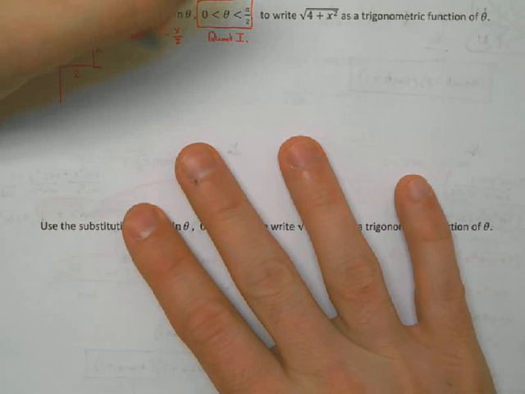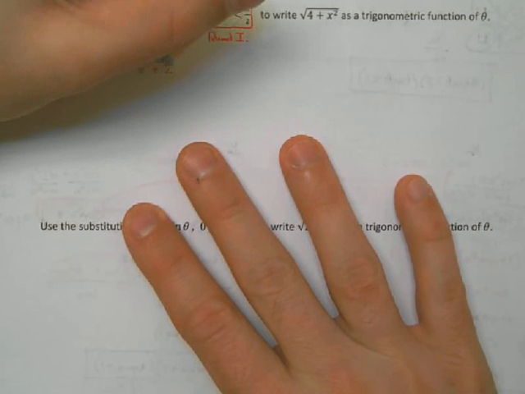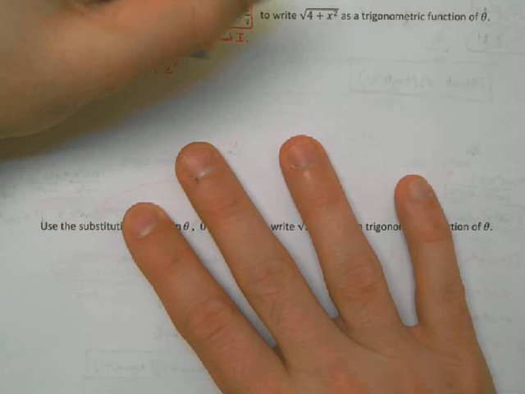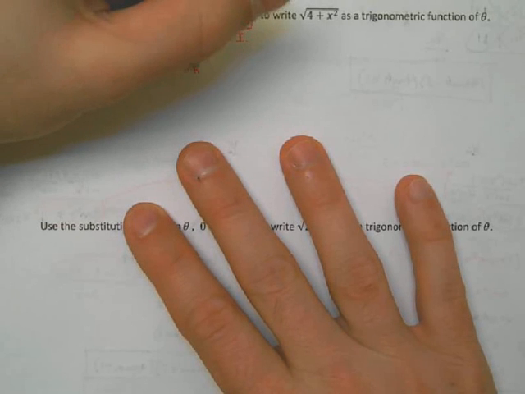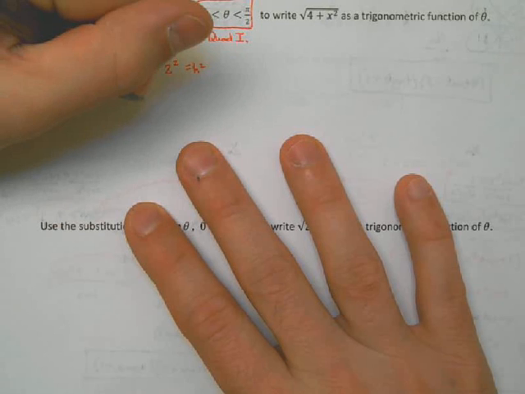I'm going to divide both sides here by cosine theta. Those go away, and I'm left with this. The square root of 4 plus x squared must be equal to 2 over the cosine of theta, which we can write as 2 secant theta.